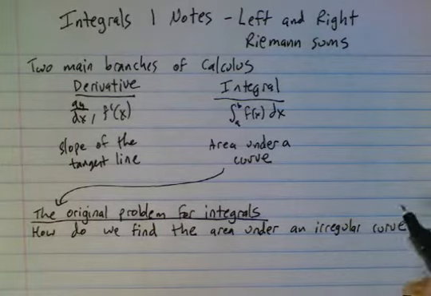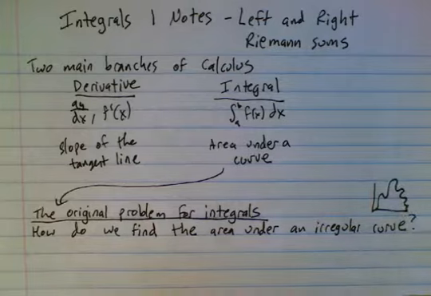So by irregular curve, we're talking about something like this, where it's not a clear circle, it's not a triangle, it's got this weirdo bubbly lumpy shape.